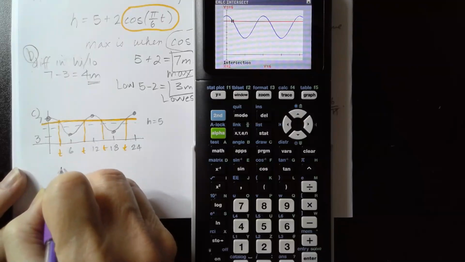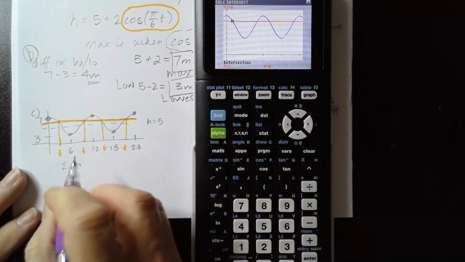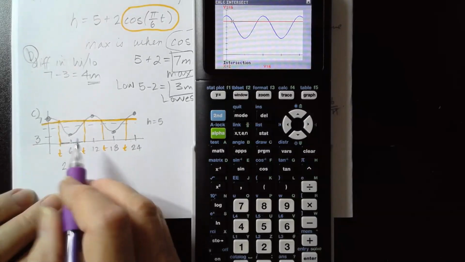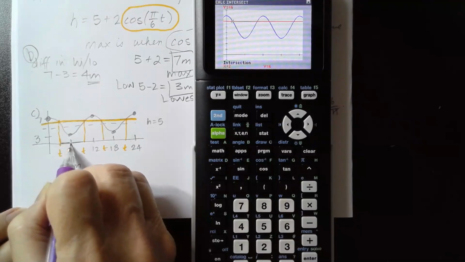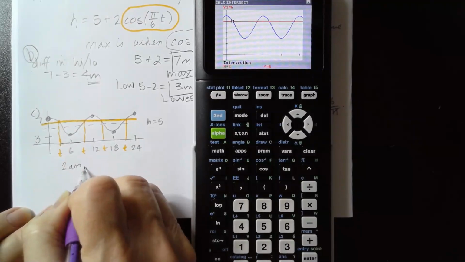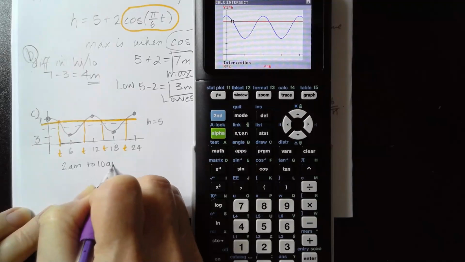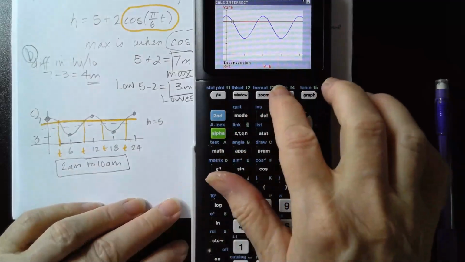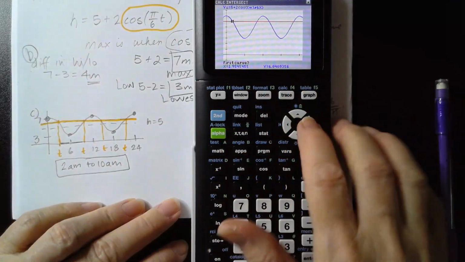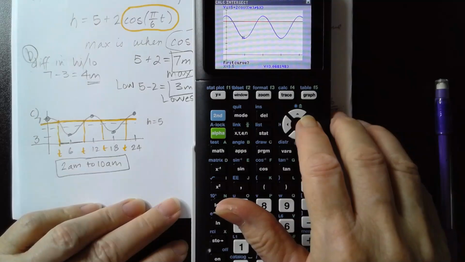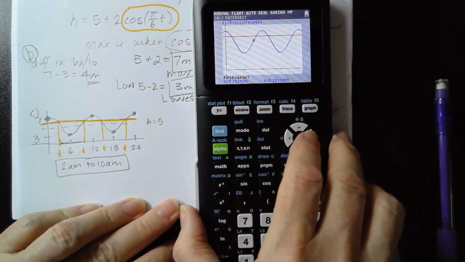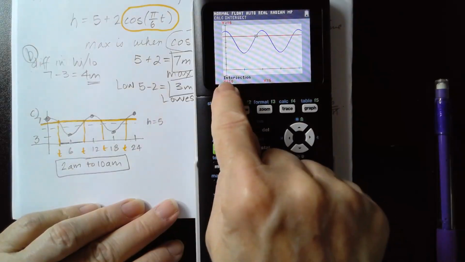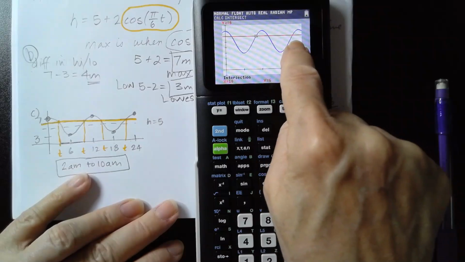So from 2 a.m., now I'm going the same distance on either side of here because this has symmetry. So from 2 to 6 is 4, 6 to 4, so 2 a.m. to 10 a.m. Okay, if you can't see that, then hit second calc intersect and scooch over to where that next intersection is. And it says 10, and then you can find the other 2.